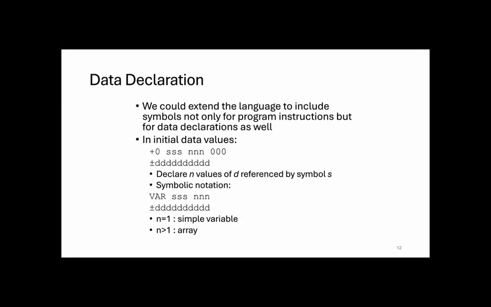The symbolic notation of the language is that we use the word var, representing that we are declaring a variable s of n values, and the values are going to be stored as d. If n is 1, it's going to be a simple variable, and if n is greater than 1, it's going to be an array, and that whole array will hold the value d.